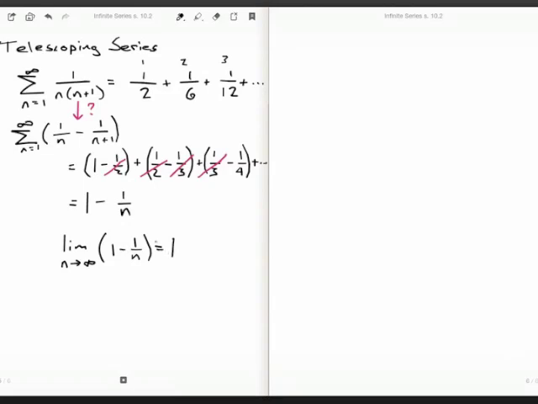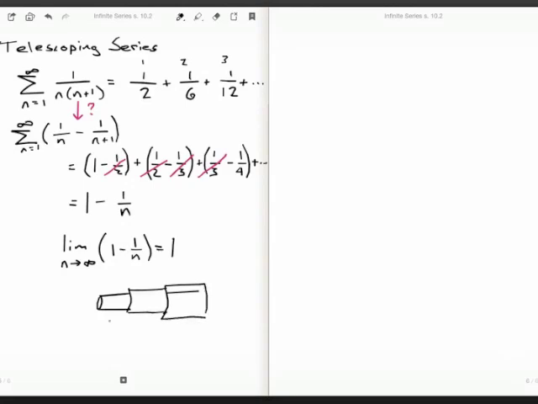Now, why do they call this a telescoping series? Because it looks like the old-fashioned pirate's telescope. It looks something like this, and then there's a little bigger part that goes like this, and if he's a really successful pirate and he's pillaged some nice ships, maybe it's got another part that goes like this.